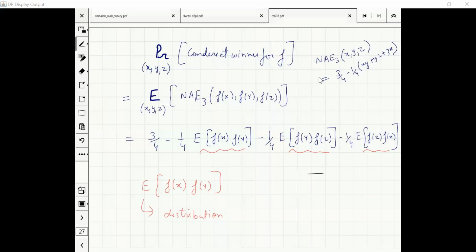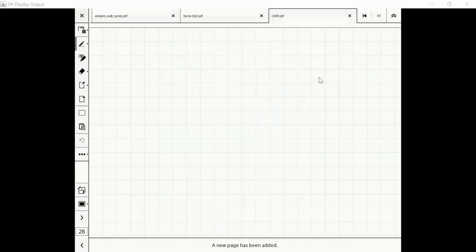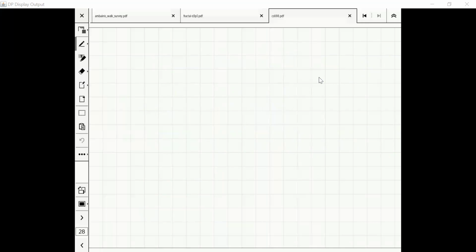Just remember it as equation 1. We will use it later. But now our task is to figure out a simpler thing. We want to figure this thing out.